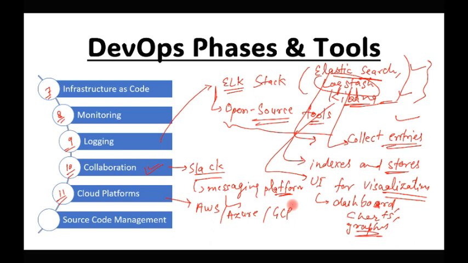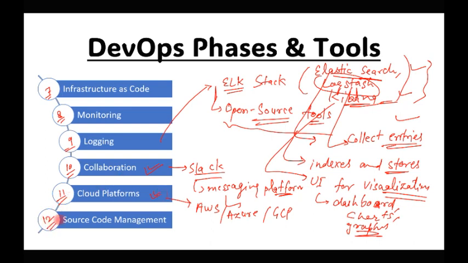If you need to host your application, you can use this cloud platform. If you need to host your data, we can use the storage services. If you want to communicate between different components of your application, you can use networking. So this is an application hosting platform which is very important, because we need to host our application somewhere. Cloud platform plays an important role.